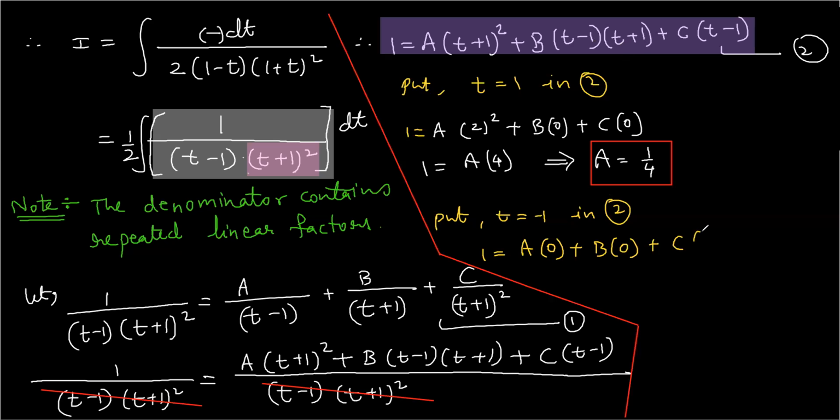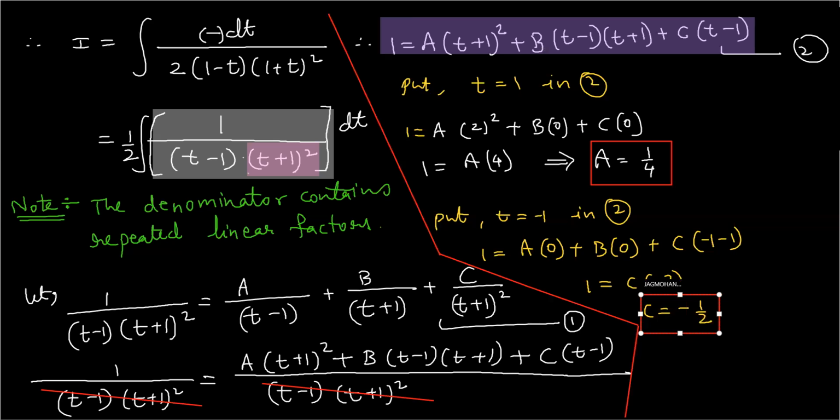And c is multiplied with t minus 1, which is minus 1, minus 1, so minus 2. So 1 equals c multiplied by negative 2, so c is equal to minus 1 over 2. I got the value of C as minus 1 over 2.